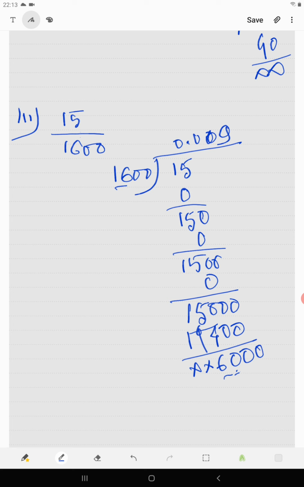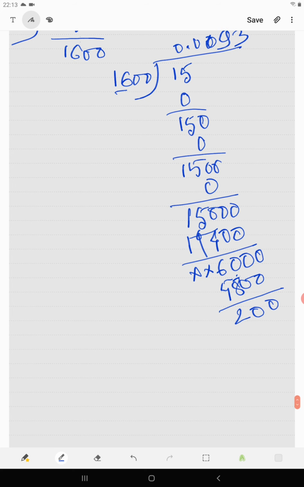That I need to check in the 16 table. So 16 3s are 48. 16 4s are 64. So 64 is going more than 60. Okay, so what comes is 3. So 1600 into 3 is 4800. Okay, because 16 into 3 is 48, put double zero over here. So 0, 0, 10 minus 8 is 2, and finally 5 minus 4 is 1. We got 1200.